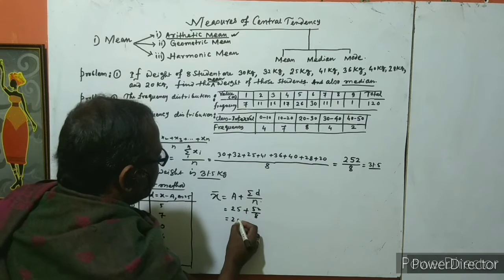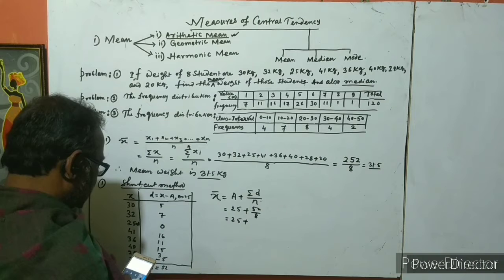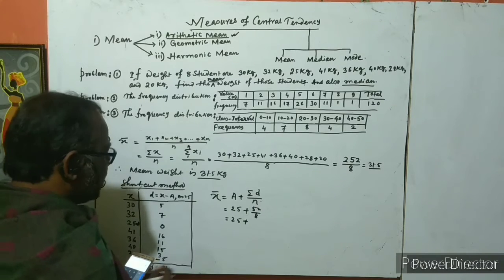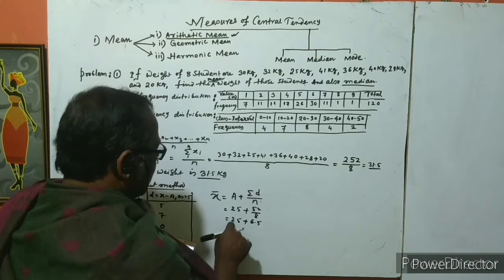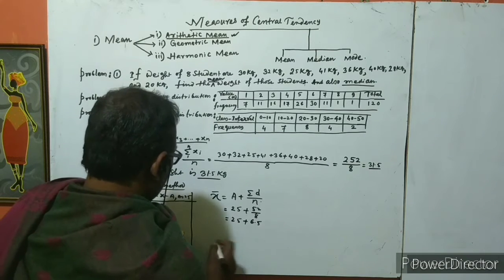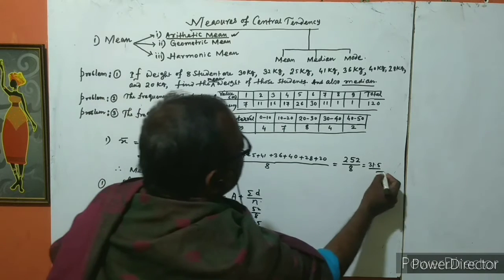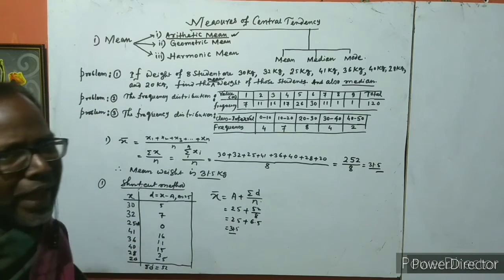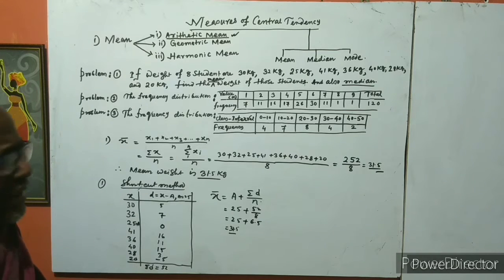So 52 divided by 8 is 6.5, added with 25, that is 31.5. As usual the answer is always the same, but there may be some silly mistake.